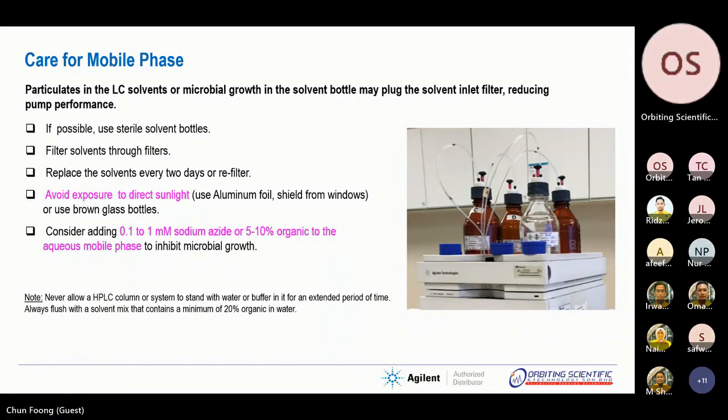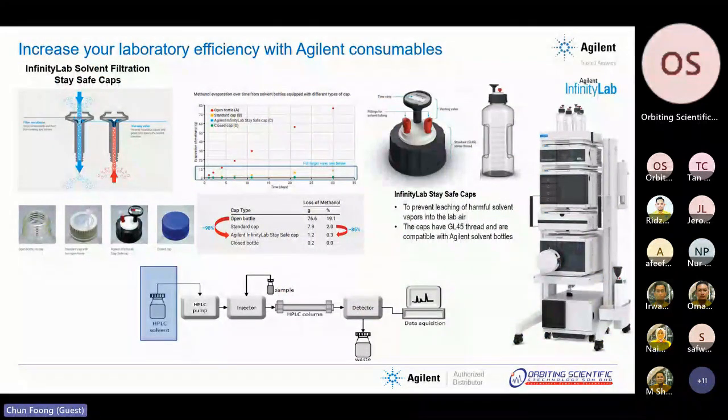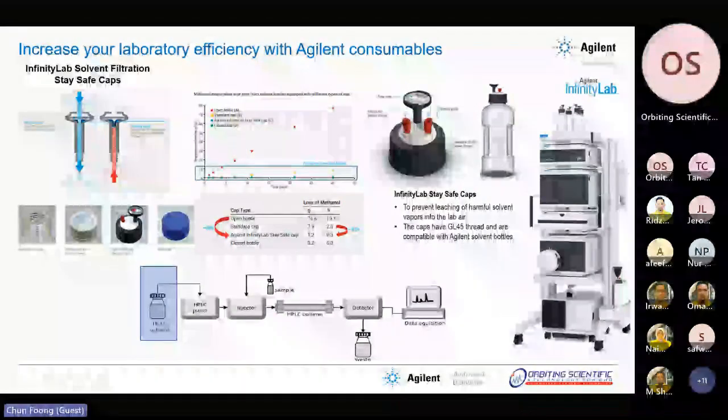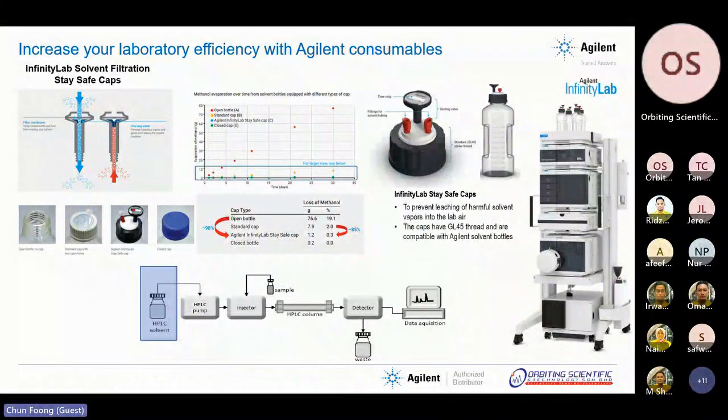The next thing is the capping of the mobile phase. Maybe some labs just leave the mobile phase bottle open and close it with aluminum foil, or maybe paraffin. In fact, a good closure is very important, because the mobile phases we use are usually organic, and some of them are carcinogenic, such as acetonitrile.